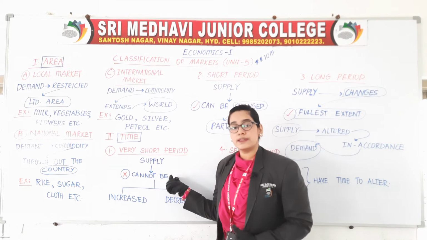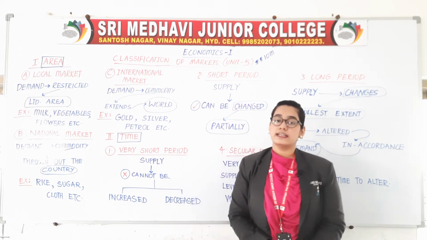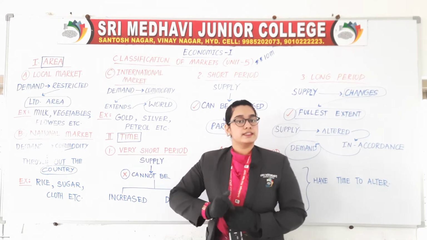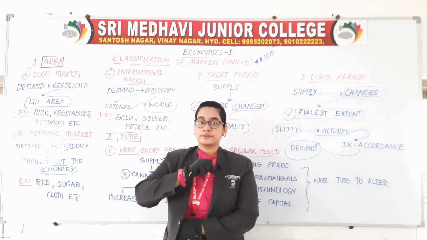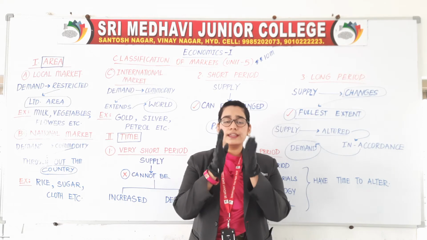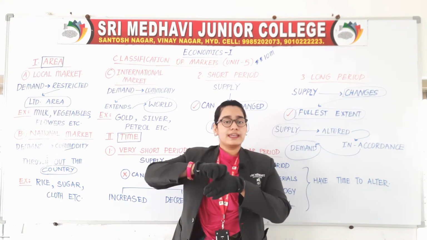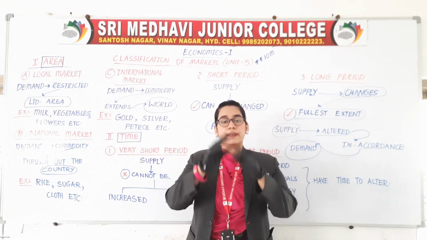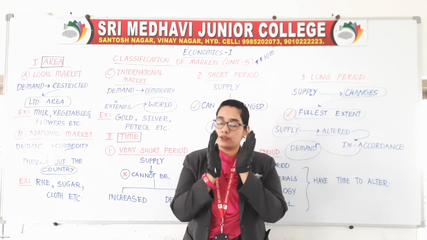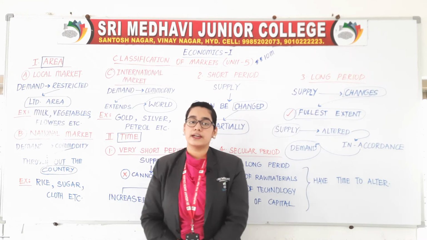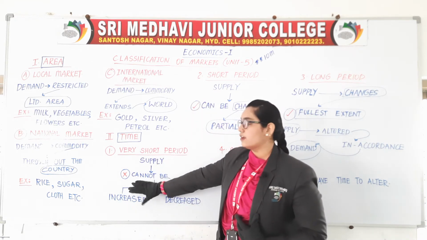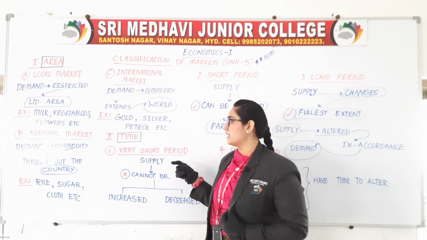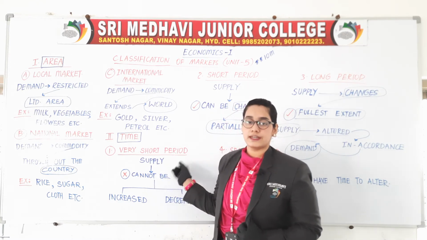Is that clear? Alright. In a very short period, you can neither increase nor decrease your supply. How much you are producing now, you need to produce only that much. So supply cannot be changed in a very short period.